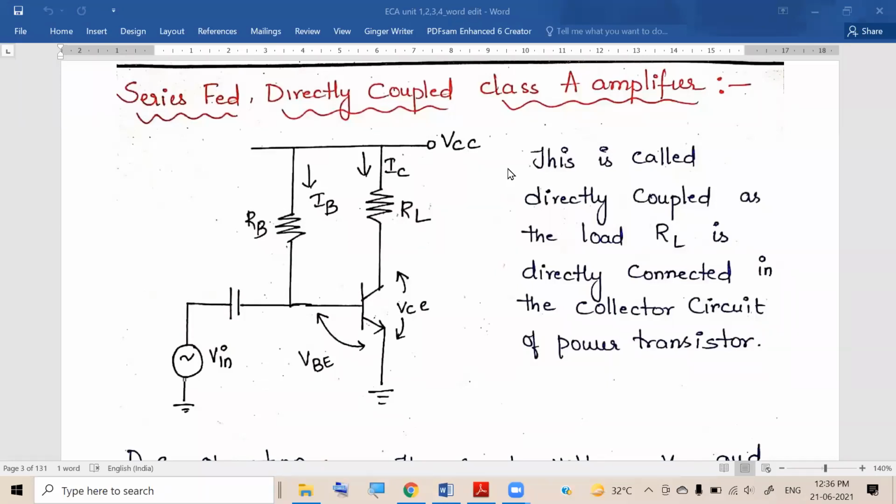So which one can we neglect? If you want to neglect, during power calculations, which one can we neglect, the input AC signal or the output AC signal? Obviously the input AC signal. So this is the important point.